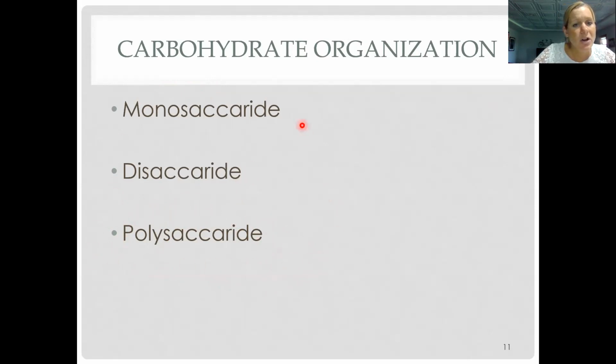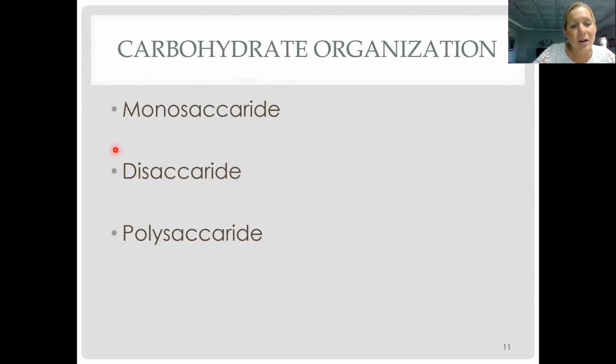The simple sugars are known as monosaccharide, mono meaning one, saccharide meaning sugar, so it's one simple sugar molecule. And these sugar molecules might include one of three things. So that we have three different types of monosaccharides. We have glucose, fructose, and galactose. So those are your monosaccharides.